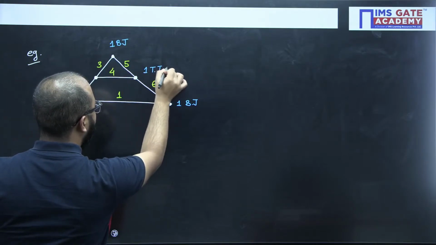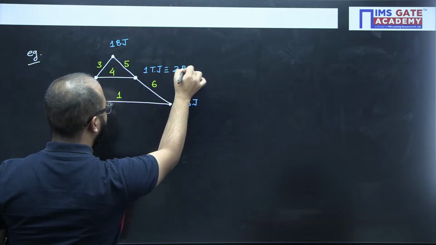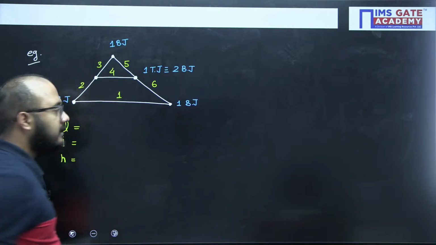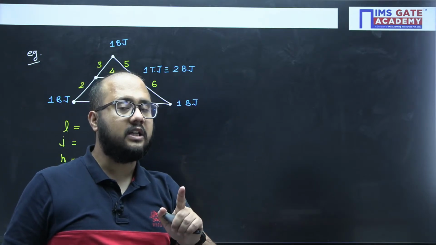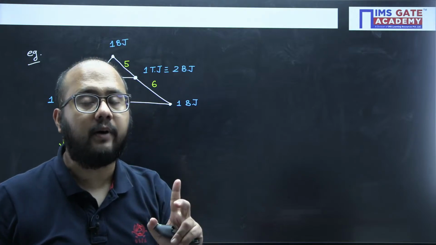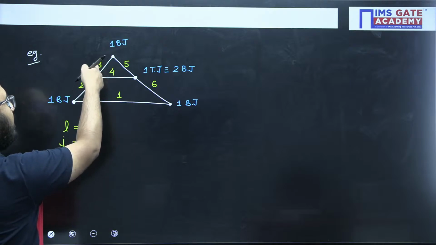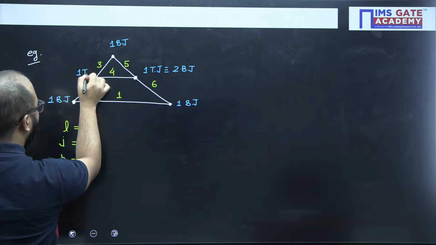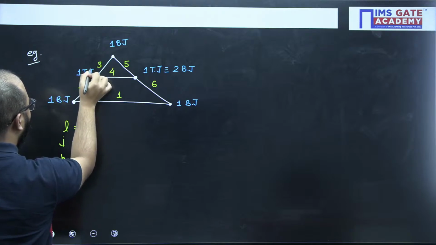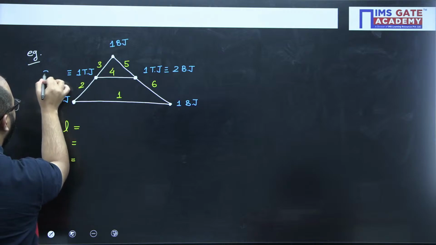You know that one ternary joint is equivalent to 2 binary joints. This we have already discussed in the last session. Similarly, at this joint 3, 4 and 2 are connected, so it is one ternary joint, which is equal to 2 binary joints.